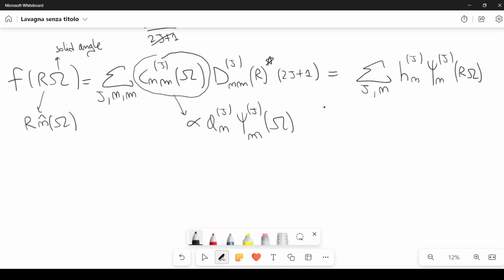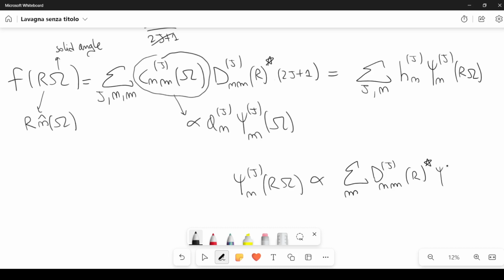And now if you compare the two formulas there, you can see that psi jn of r omega is proportional to the sum over m of d j nm of r star psi jm of omega here.